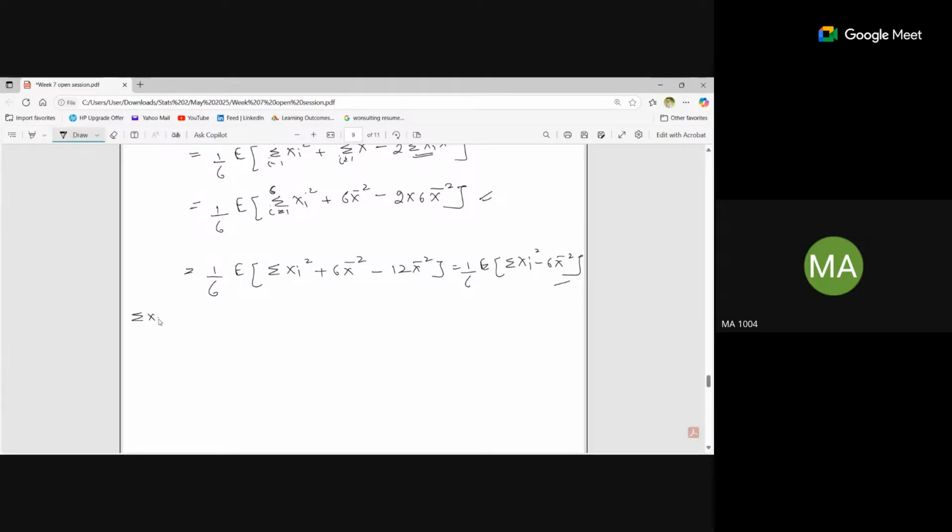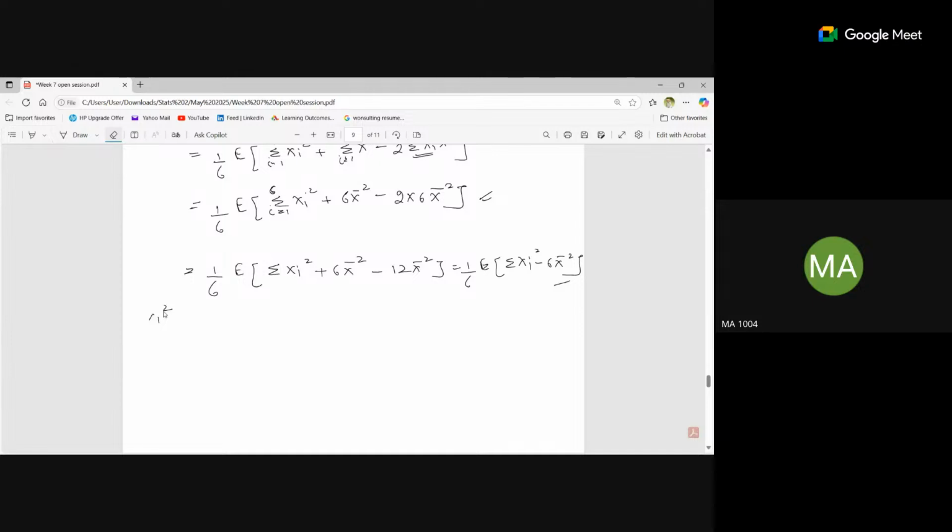So summation of xi square is basically, okay, let's take expectation inside.